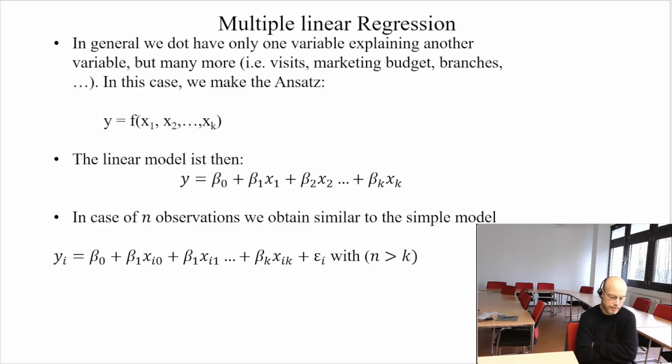And in economics, we started with the dependence of sales volume on visits, but of course it depends maybe on the marketing budget. It depends on how many stores we have, how many branches we have, and so on and so on and so on. So we can think of many, many variables. And this, of course, we can also put in a linear model.